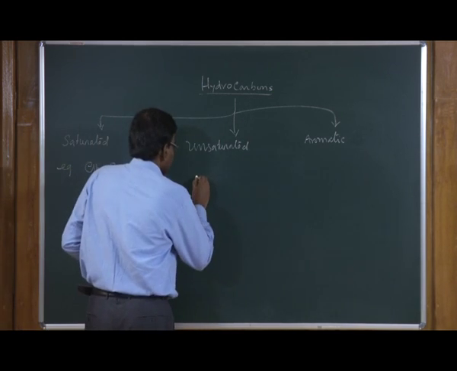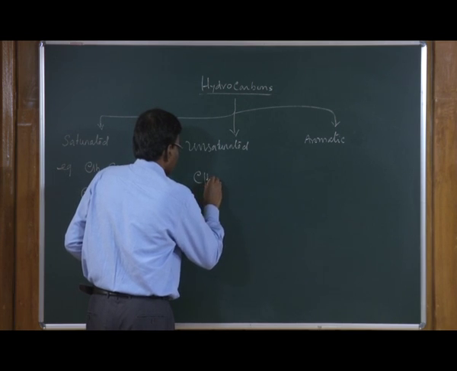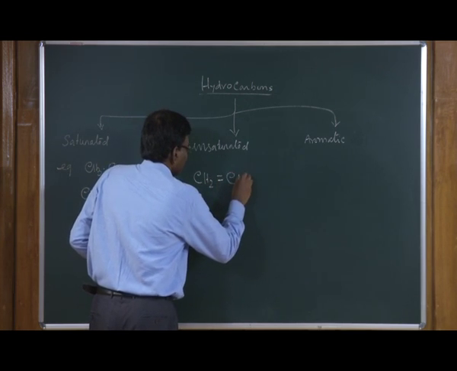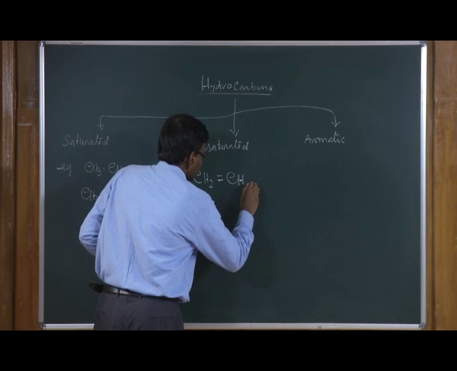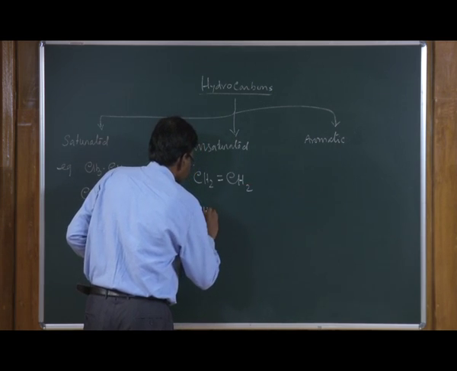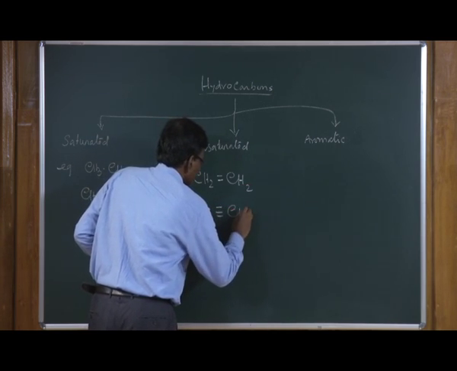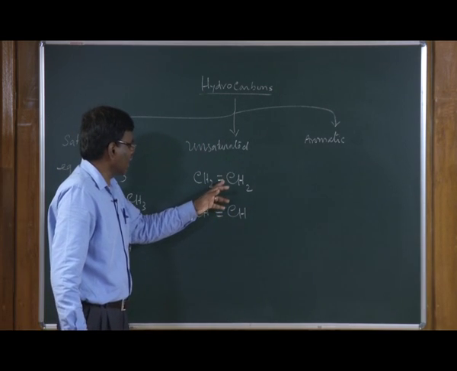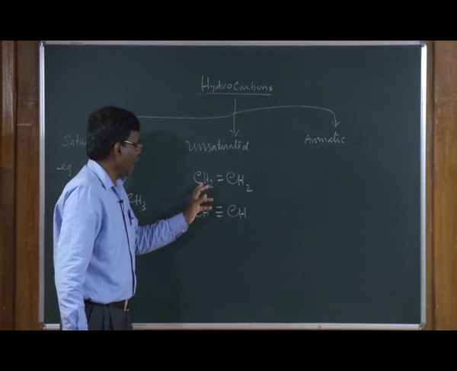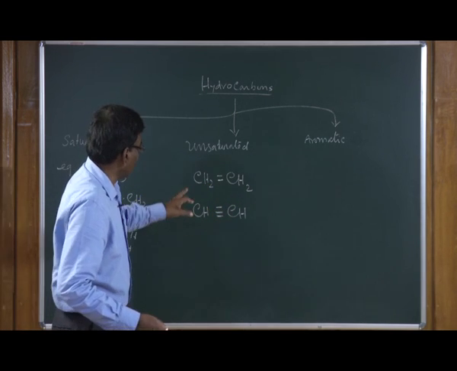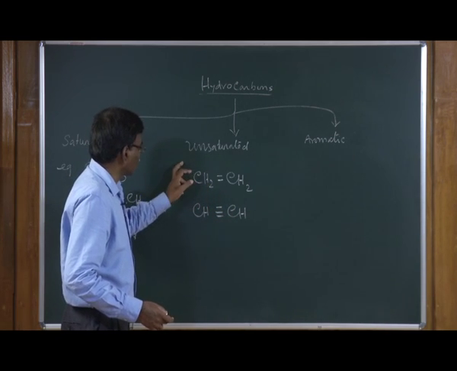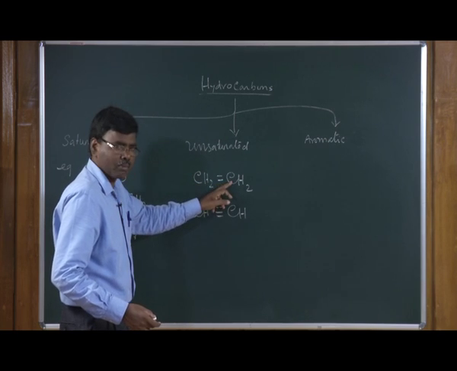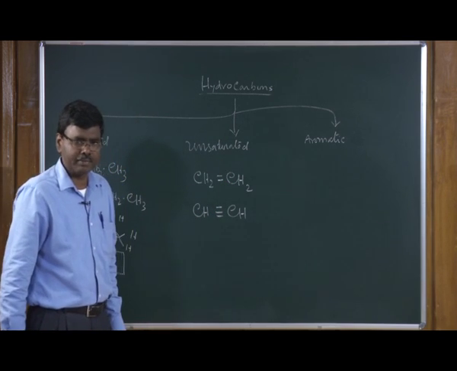Unsaturated hydrocarbons are compounds that contain carbon-carbon multiple bonds. For example, this molecule has a carbon-carbon double bond: you can write it like this, with carbon bonded with 2 hydrogen atoms, again bonded with carbon, with a carbon-carbon double bond.